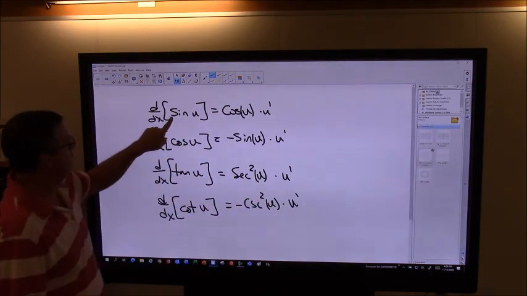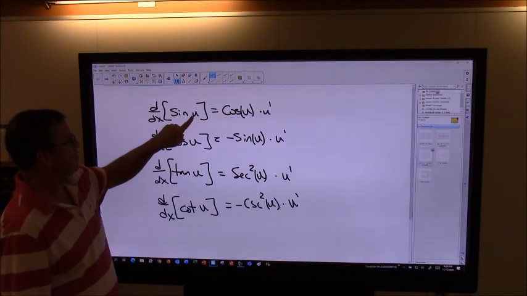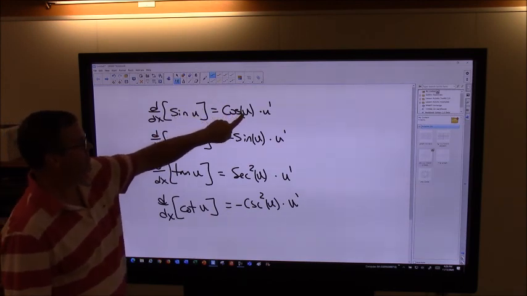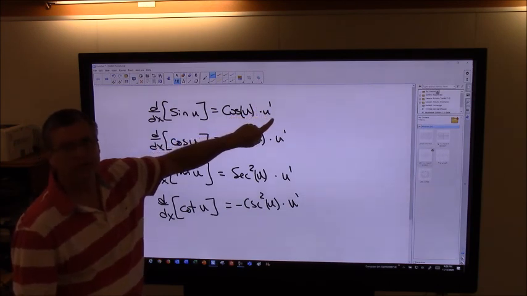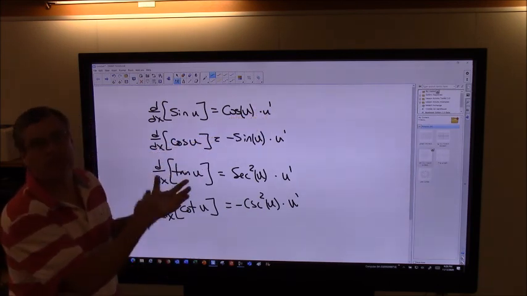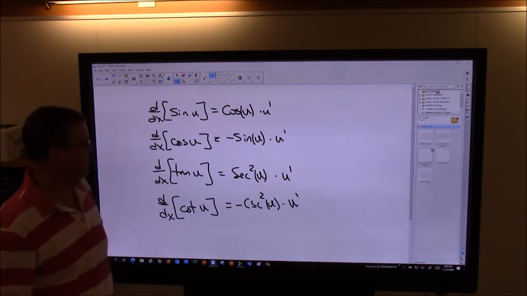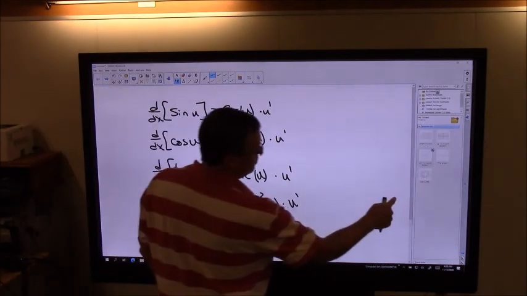If you think about this, if this was sine of x, this would be the cosine of x times the derivative of x, which is 1, and that's why we didn't have to worry about this before. We were just multiplying by 1. Now we've got to start worrying about it.